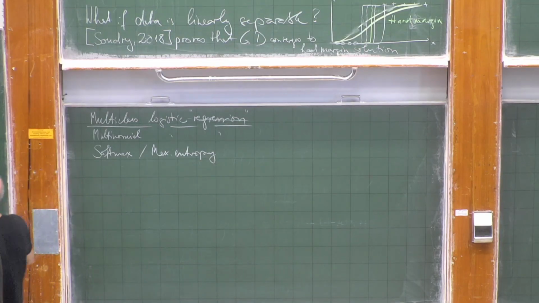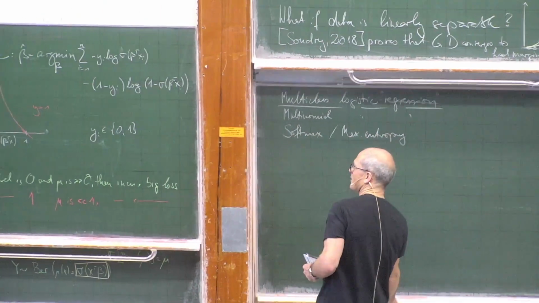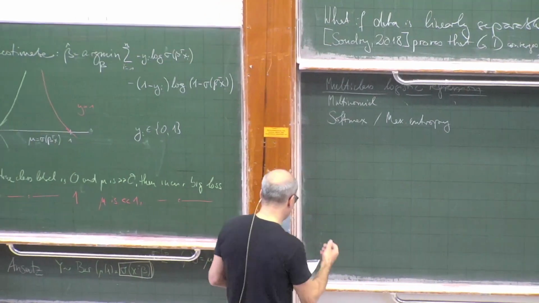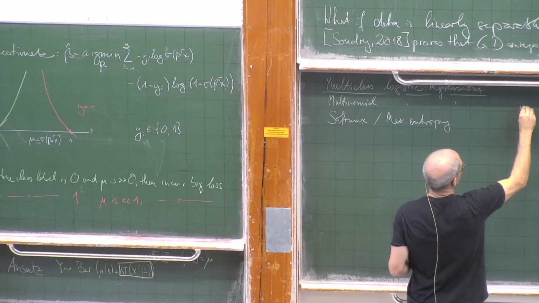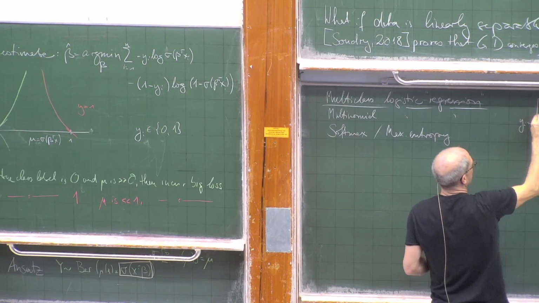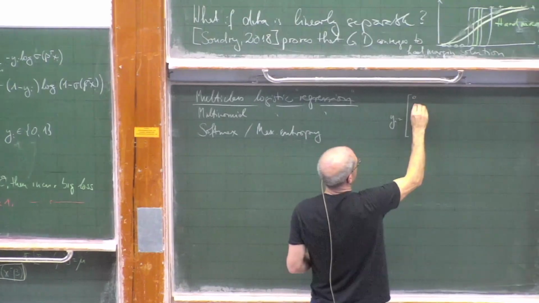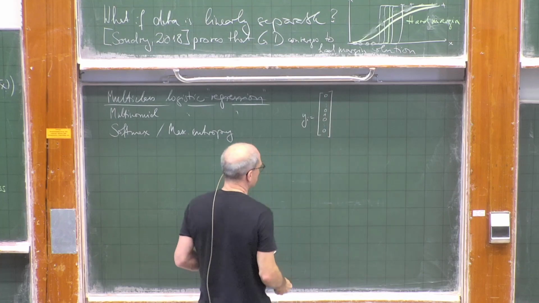Previously, we had that some label yi was either 0 or 1. Here it's with multiple classes. It will be more convenient if we use a one-hot encoding. So here we're going to use labels yi, which are vectors, and these vectors are 0 except for one component.